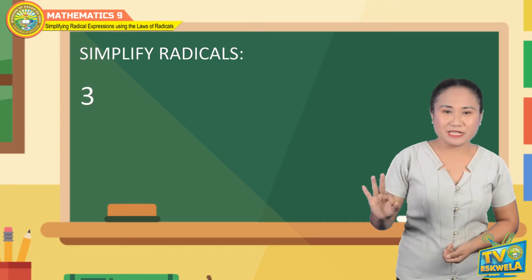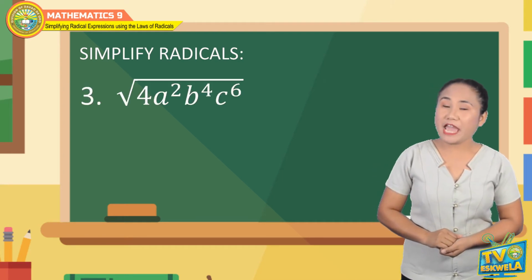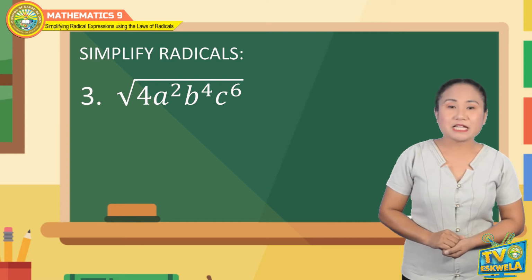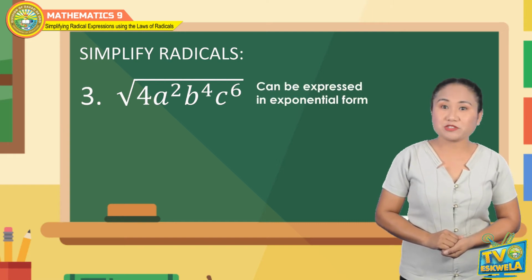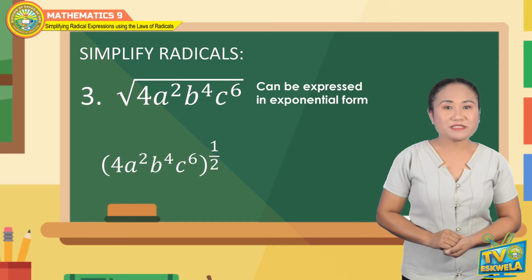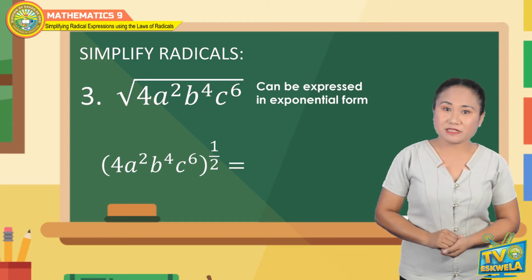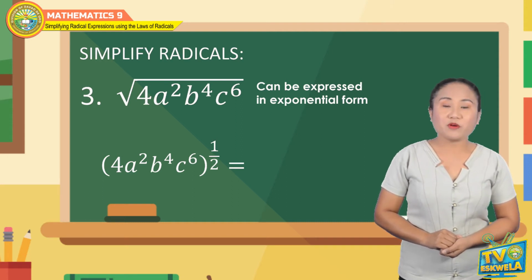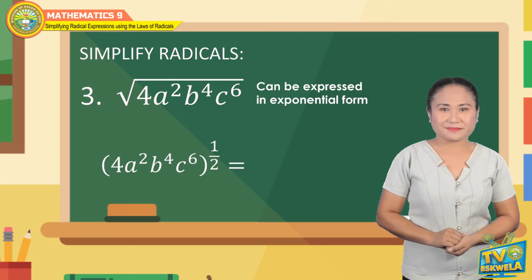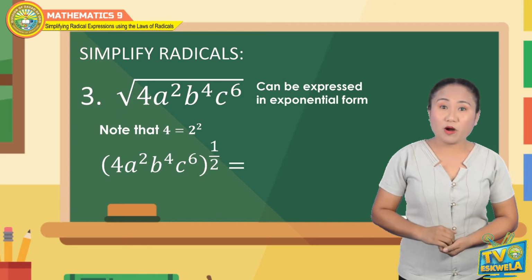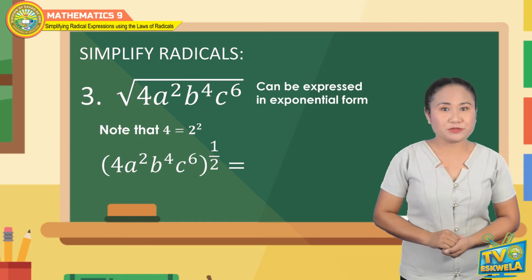Example number 3. Square root of 4a squared, b raised to 4, c raised to 6. This radical can be expressed in exponential form as quantity 4a squared, b raised to 4, c raised to 6, raised to 1 over 2. Note that 4 equals 2 raised to 2.